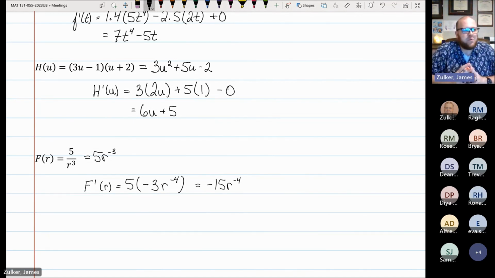Negative 15r to the minus 4. Typically, we want to write our answer in the form in which the question gave. Since the function was given as 5 over r cubed, we should write that as negative 15 over r to the 4th.